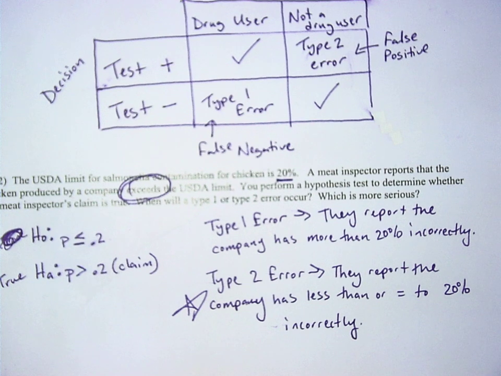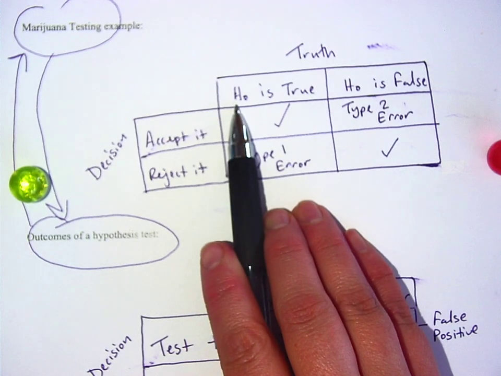So it's always based on the null? It's always based on the null. I know. It feels like it should be based on whatever the claim turns out to be, but it's only based on the null. This is one of the most confusing things that I teach. Because right here, it's only about the null.